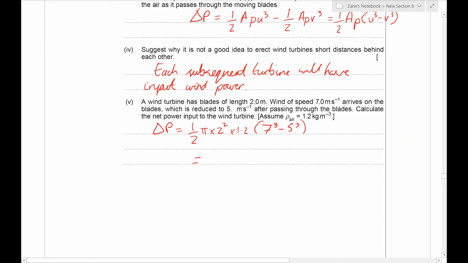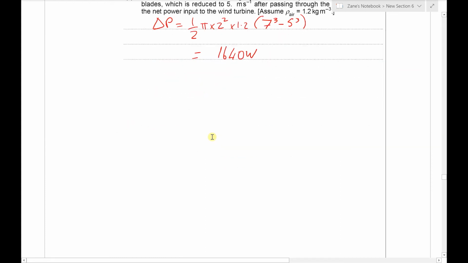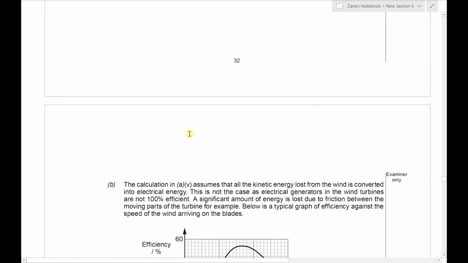So let's put that into the calculator. And that will give us about 1640 watts. Might be useful to store that in a memory, but I think we can get away with an answer button.